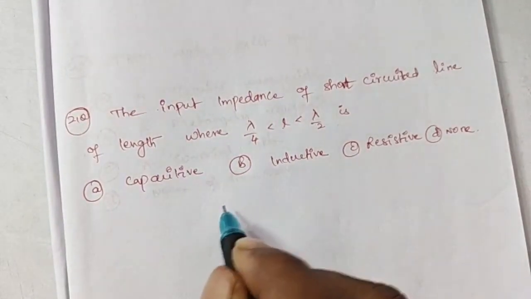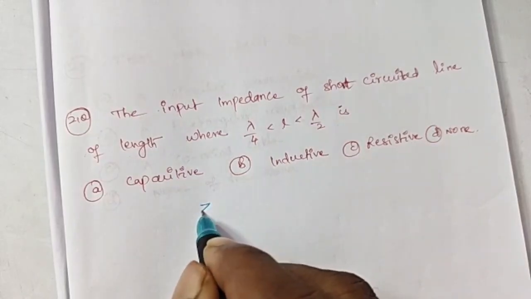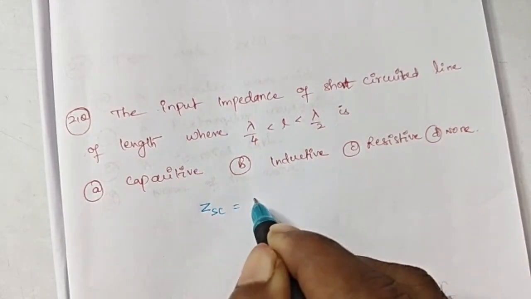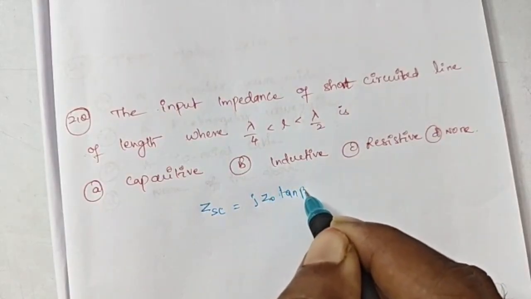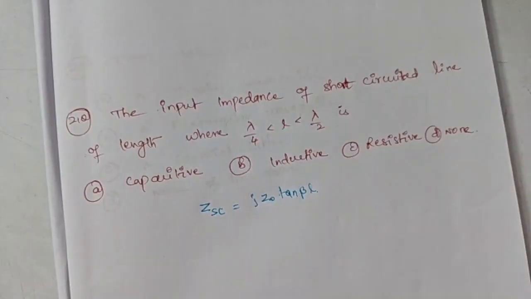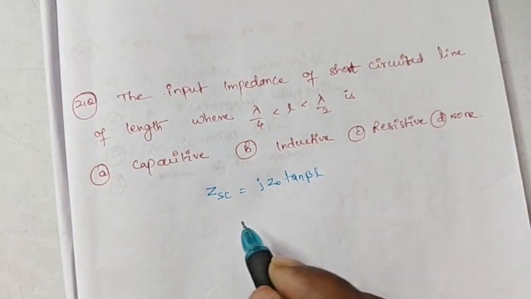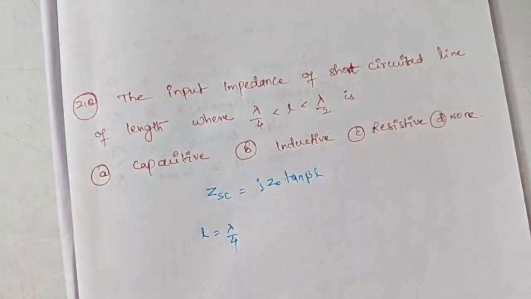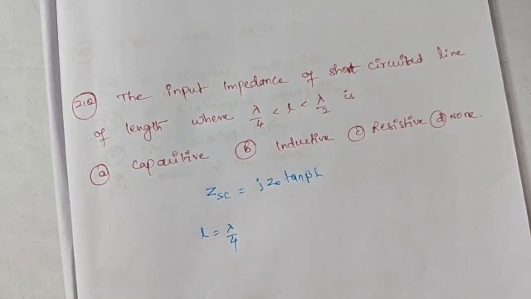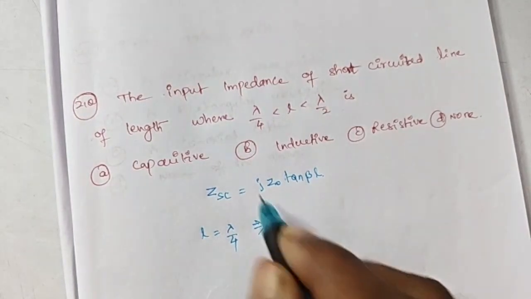See, normally what is the formula for a short circuited impedance? ZSC equal to j Z0 tan beta L. Okay, this is the formula for short circuited impedance. Now, if I take length equal to lambda by 4, what will happen?